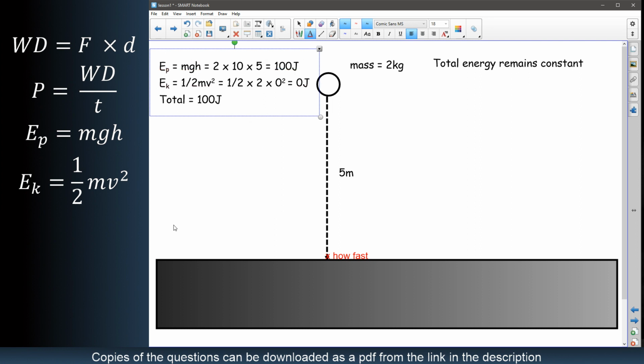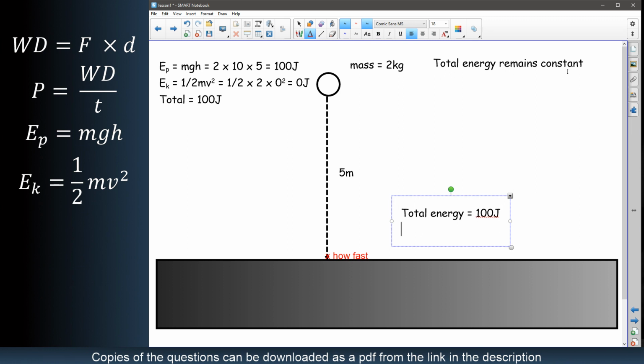Now, down at the bottom the situation changes, but we start with our total energy equals 100 joules. That has to be true because the principle of conservation of energy says that the total energy remains constant.